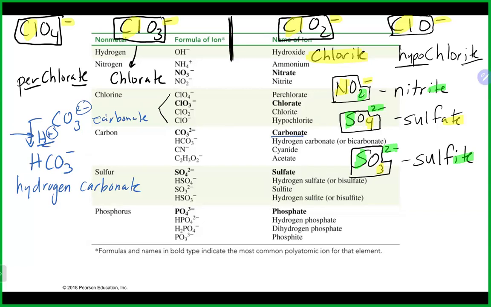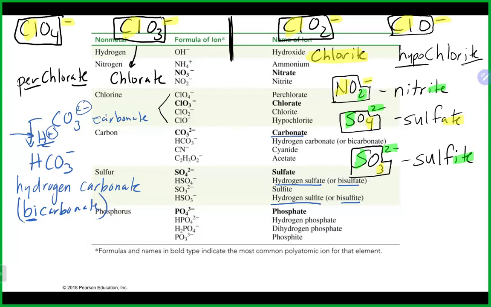Now, there is a historical name for this that people still commonly use, and that is bicarbonate. Got a little heartburn action right about now. So bicarbonate is also sometimes used instead of hydrogen. You will also see that with sulfite and sulfate: hydrogen sulfite, bisulfite, hydrogen sulfate, bisulfate.